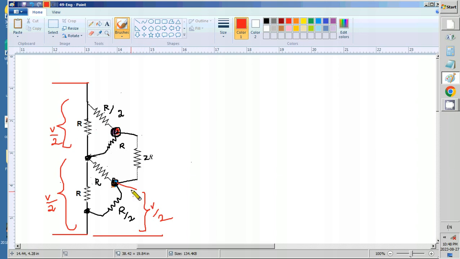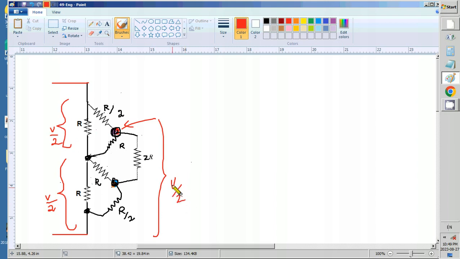To be half V, since the below resistor is R divided by 2, the total resistance should be R divided by 2. But it is not here now. There is another, this 2R. So this one is not V divided by 2. Then do you think this node is at half V, this distance?